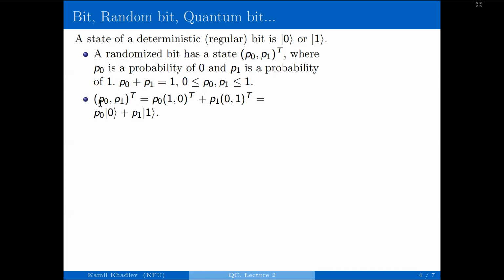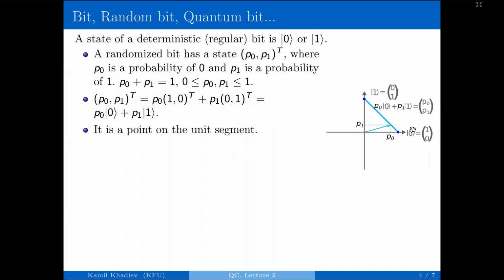We can also represent it as a column vector, as a sum of the unit column vectors 0 and 1 times these probabilities. So we will write it in this way.